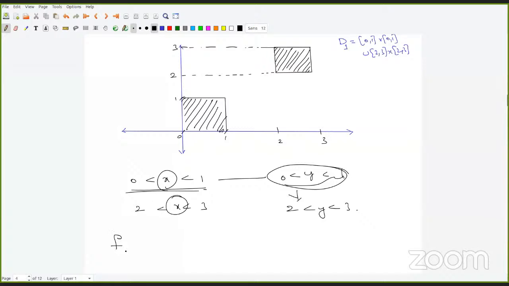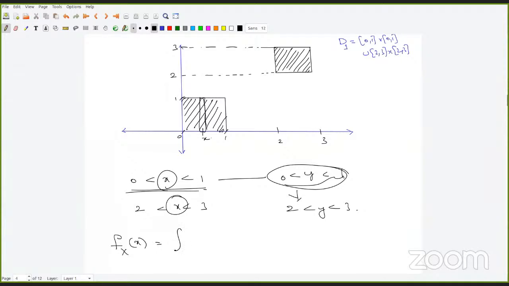So in order to compute the marginal of x, that means integrate with respect to y. When x is in between 0 to 1, the limits of y are from 0 to 1.